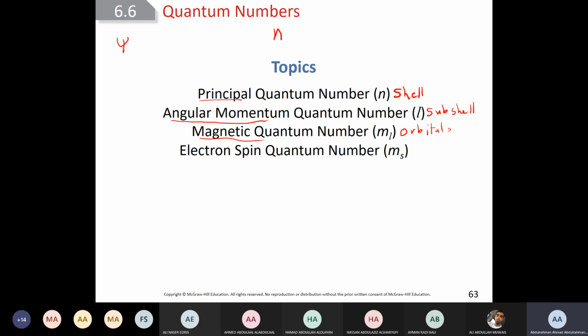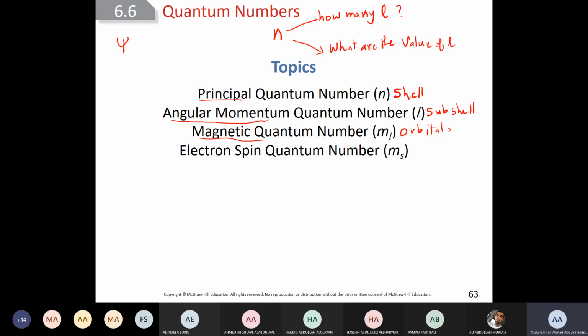Now, when we are solving the wave equation, we're solving psi now. When we look for n, we found that there are two questions to answer. How many L? And the other question is, what are the values of L?